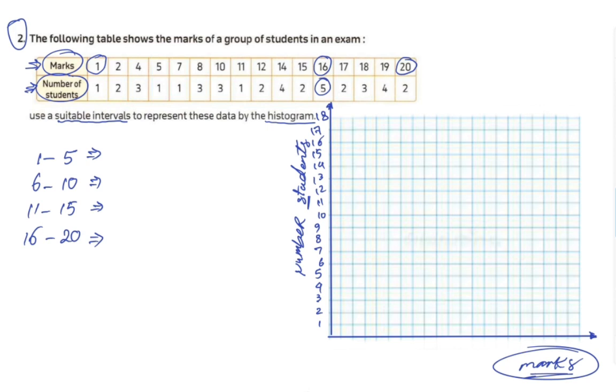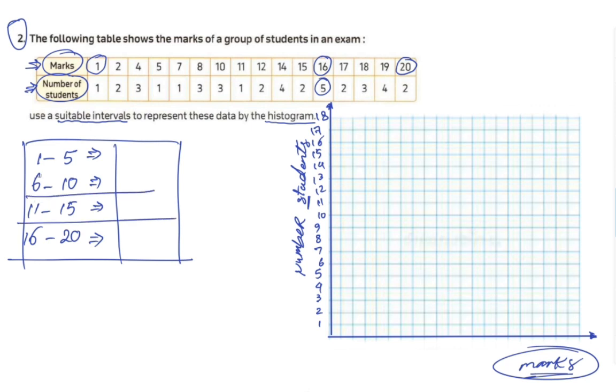Now for these intervals, I need to make a table of each one. So this is the interval, and this is the frequency. From 1 to 5, I have 1, 2, 3, 1.